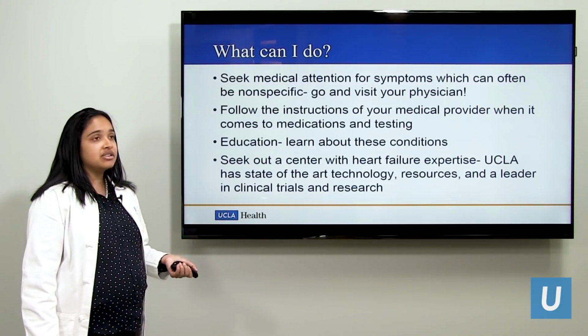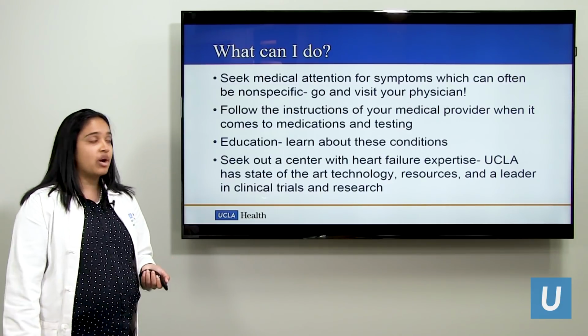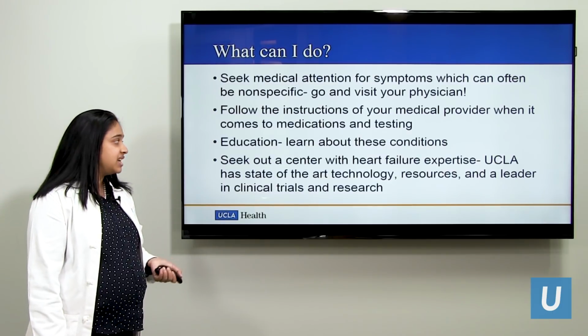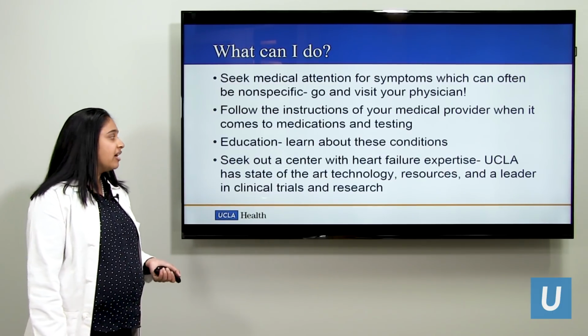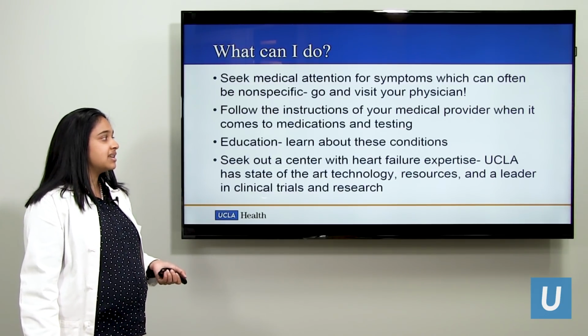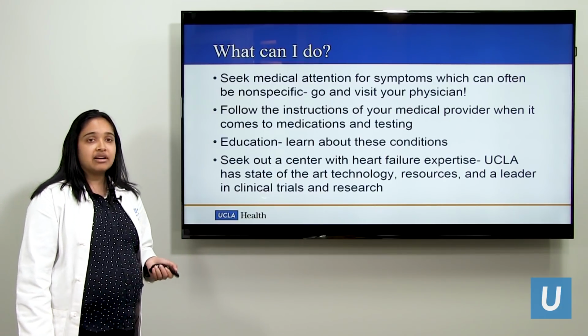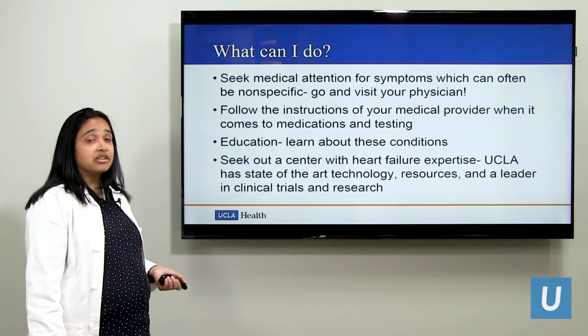You should educate yourself to learn about these conditions, just as you've done today by attending this webinar. And you should seek out a center with heart failure expertise. UCLA in particular, as I'm sure you are all aware, has state-of-the-art technology, physician resources, medical team resources, and we're a leader in clinical trials and research in the heart failure and cardiology arena.